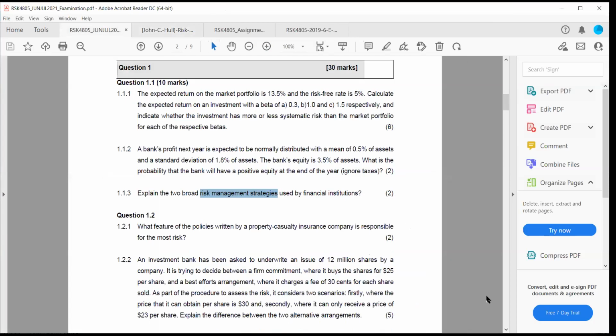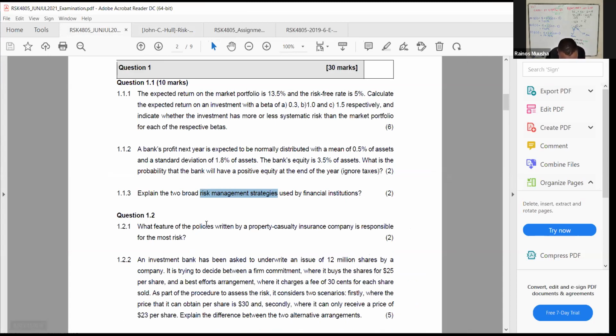Yes. On question 1.2, they say, what features of policies written by a property casualty insurance company is responsible for most risk?